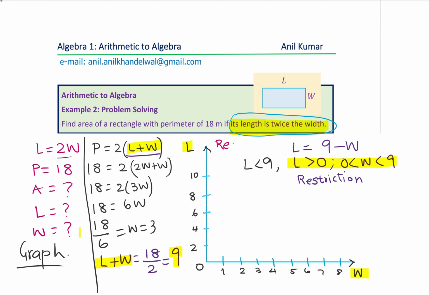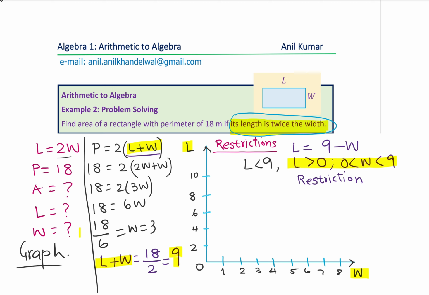Okay. Now from here, we can actually plot the points which will give us the sum as 9. So that is one idea. When we add length and width, we could make two graphs from two different conditions.